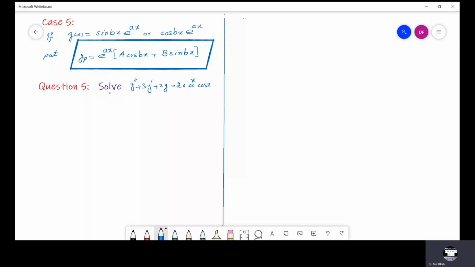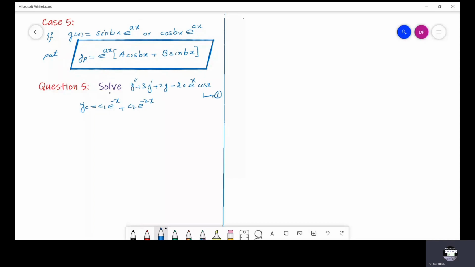Let us say this is equation number 1. The complementary function yc is given by yc is equal to c1 e power minus x plus c2 e power minus 2x.